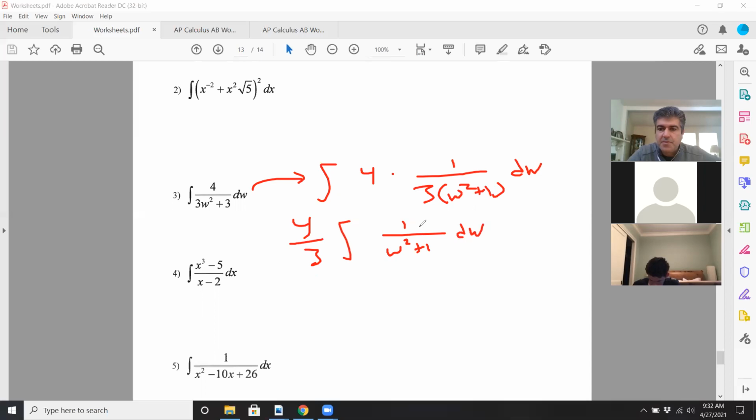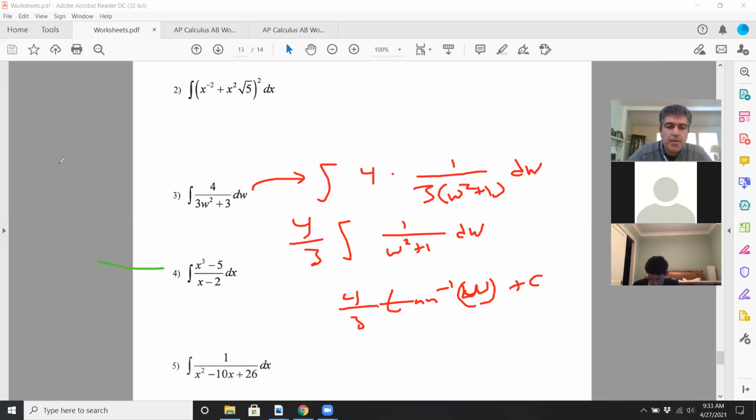And that's going to be inverse tan times 4/3. And if you were to do this, you would get back to that. Oh, plus c. Sorry, don't forget about the plus c. So that's that one.